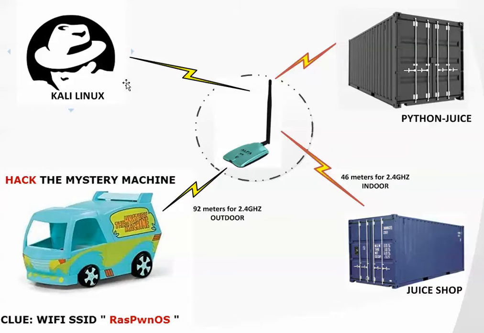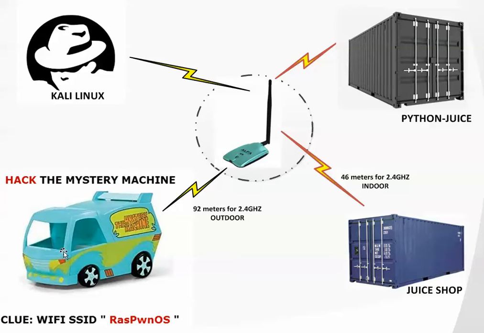Because we are going to be using Docker in Kali Linux, we'll have two containers. One is for Python, which I call Python Juice, and then the vulnerable web page, which we'll be using for different purposes, called Juice Shop, which is also a container.